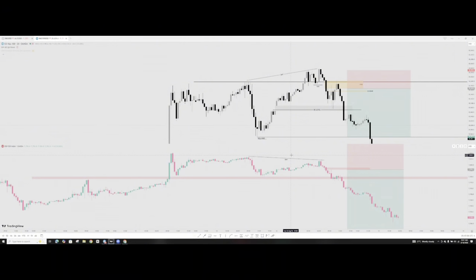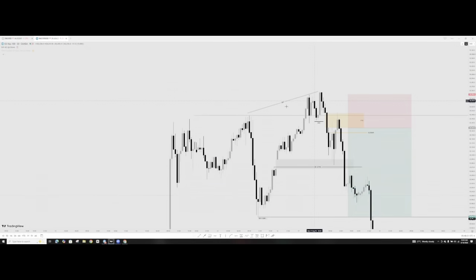So this SMT divergence is a very strong confluence telling you that price is eager to sell, with S&P 500 being the weakest. NASDAQ is somehow strong, but I take the entry on NASDAQ instead of S&P 500. And then this SMT divergence is the final confluence.